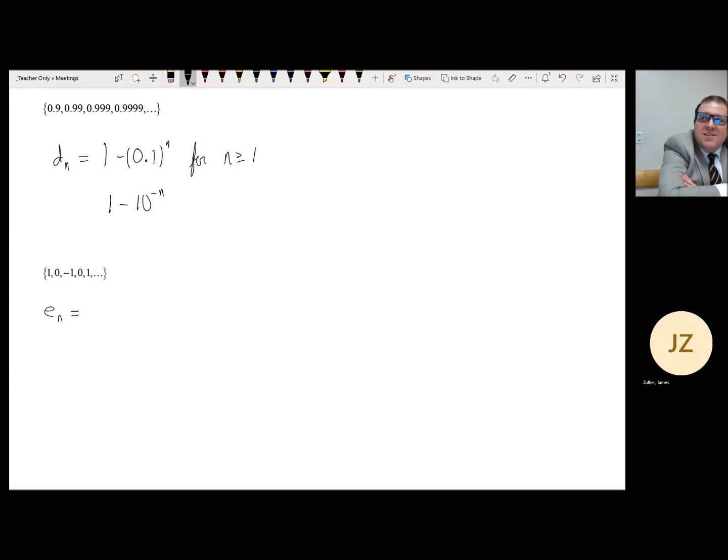Is it alternating? No, it's not alternating. To be alternating, every other term would be negative. Those zeros really throw a wrench into it.